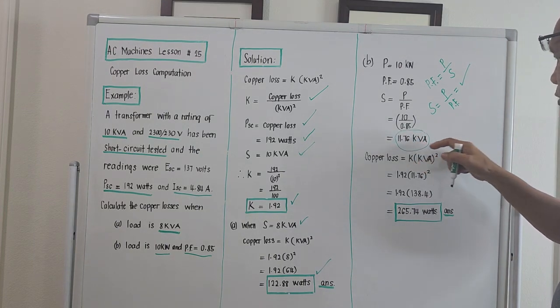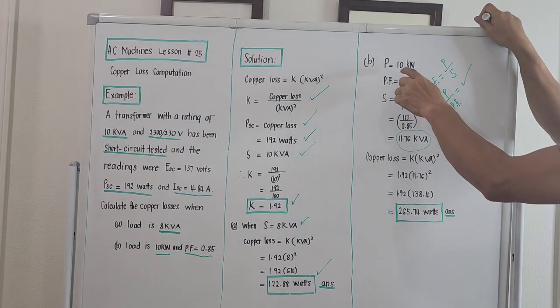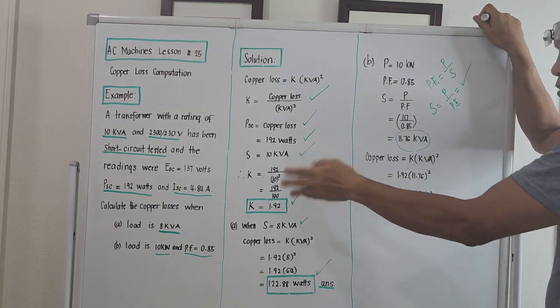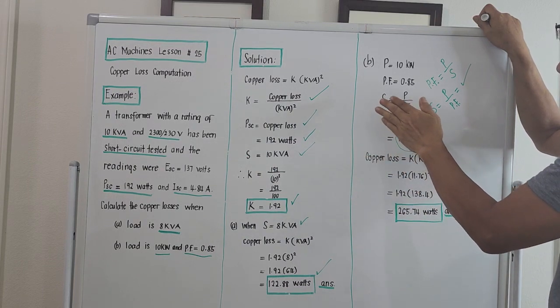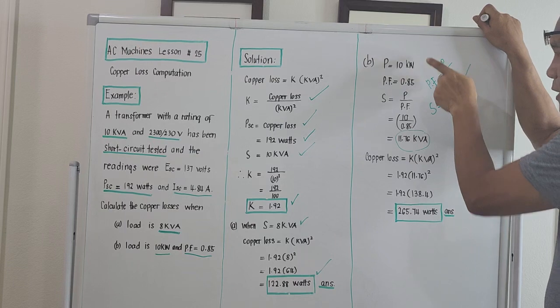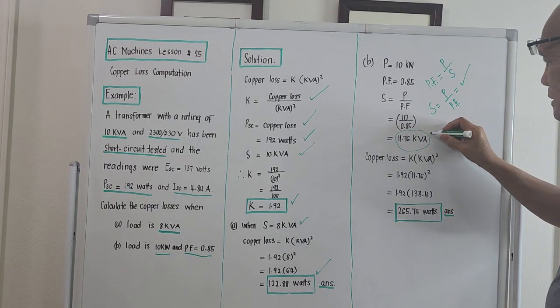What's the significance of 11.76 kVA? Because if you use 10 kilowatts directly, you are wrong, right? Because the formula needs the kVA, the apparent power. That's why we computed first the resulting apparent power, given the true power and power factor. Actually, what comes out is 11.76.